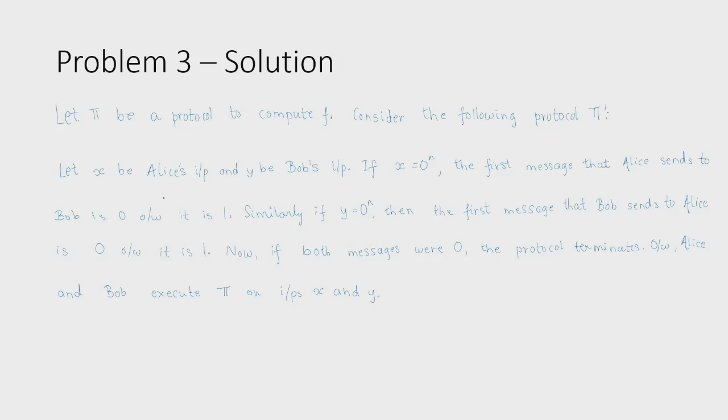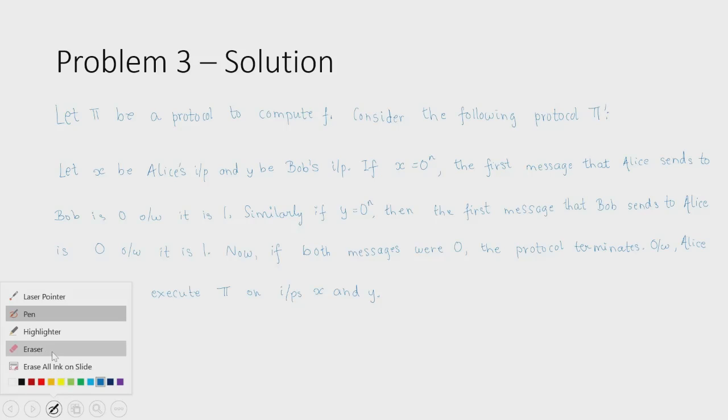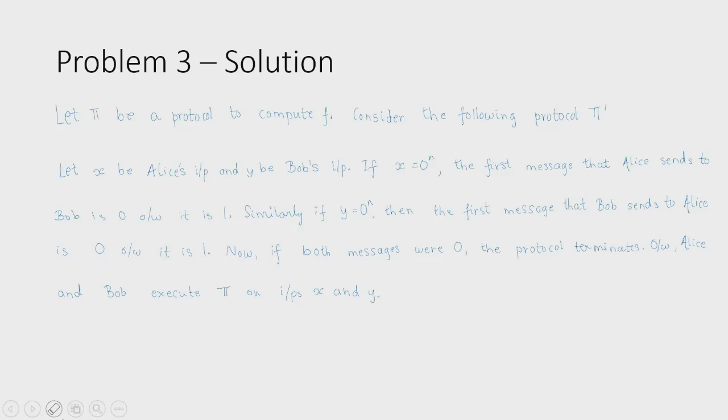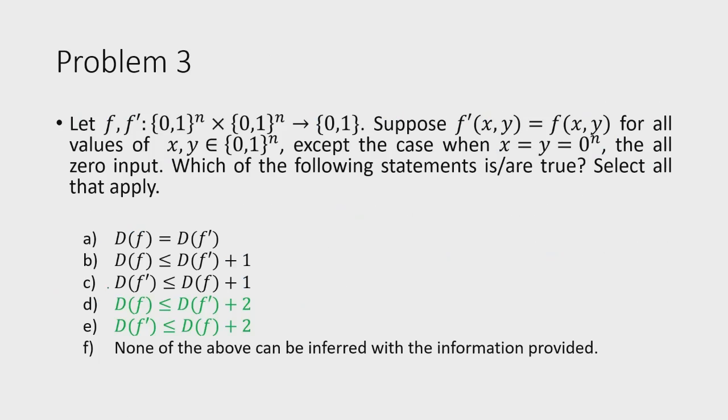So is the protocol pi prime clear? Actually, I'm confused that there are two functions f and f prime. What is the function that is being computed by Alice and Bob jointly? Let's consider the following protocol F prime. I want to find some relations between the complexity of F prime and F, right?